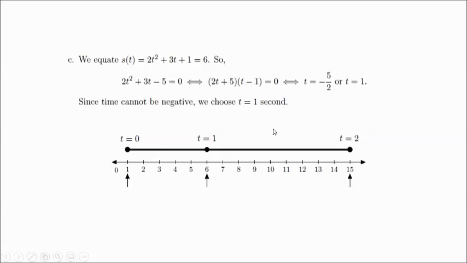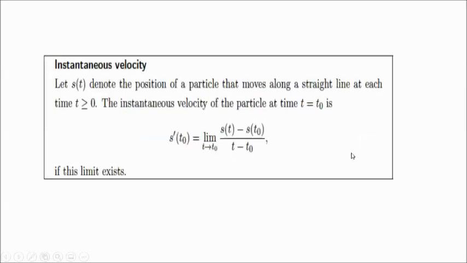Ibig sabihin ng instantaneous velocity, at this instant, meron siyang particular velocity. Yun yung tinatawag natin instantaneous velocity. Para makuha yon, kunin mo lang yung limit. Ito yung gamit ng limit. Ililimit mo yung time as t approaches a particular time, in this case seconds.